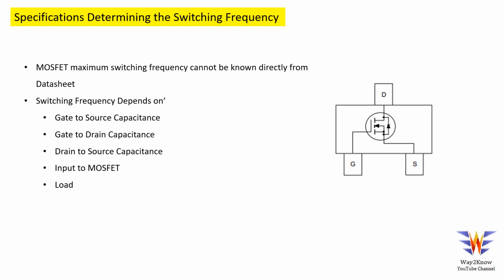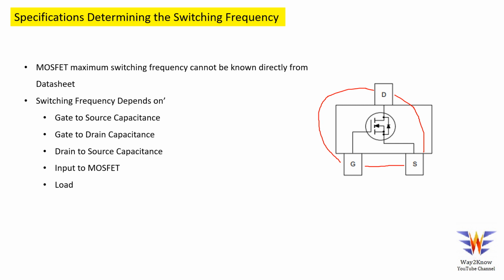Considering those scenarios, to understand this, the switching frequency depends mainly on the capacitances seen between the terminals of the MOSFET, whether it be gate to source, gate to drain, or drain to source. These three capacitances play a major role, because if you want it to turn on or turn off continuously, you need these capacitances to be charged or discharged.